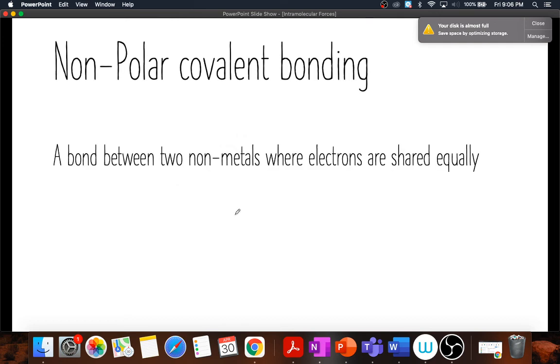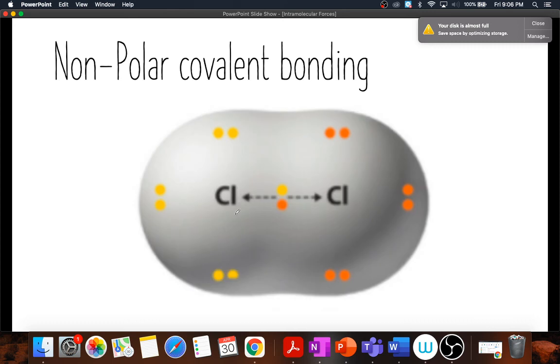And lastly, we're going to talk about nonpolar covalent bonding. This is very similar to polar covalent, but the key difference is that there is equal sharing of electrons. It's still between two nonmetals, but in this case, the electrons are going to hang out closer to the middle because the electronegativities of the two atoms involved in this bonding are, if not exactly the same, close enough that the electrons are able to be shared equally.